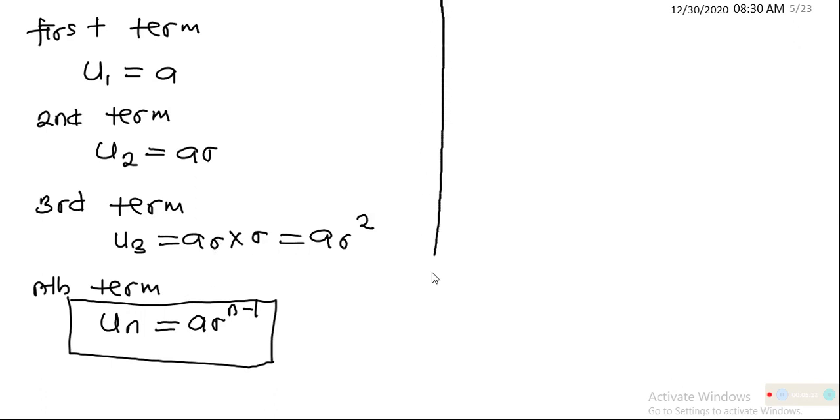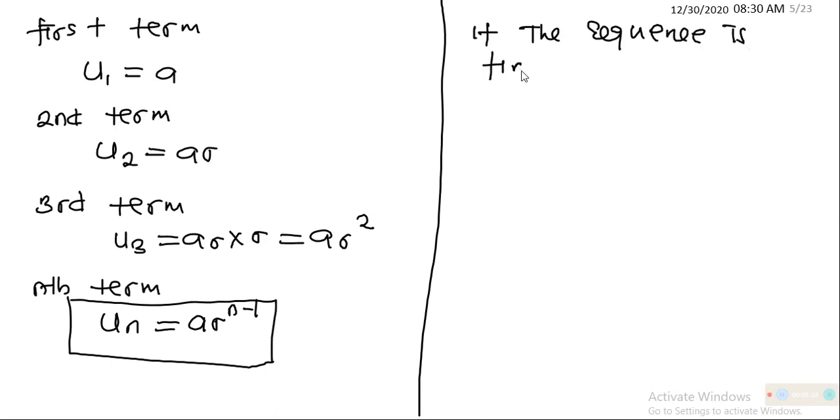And remember, if the sequence is finite, then the Un becomes the last term, which is called L. So L is also equal to ar raised to power n minus 1.